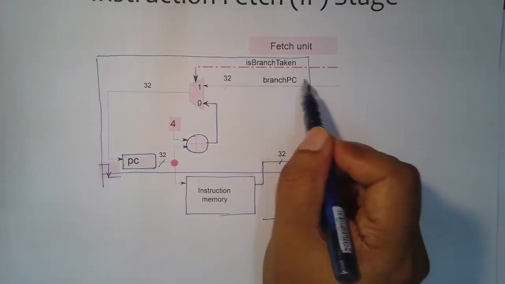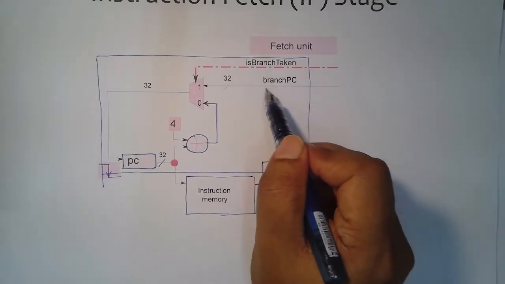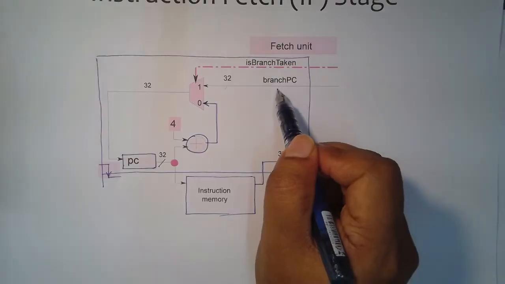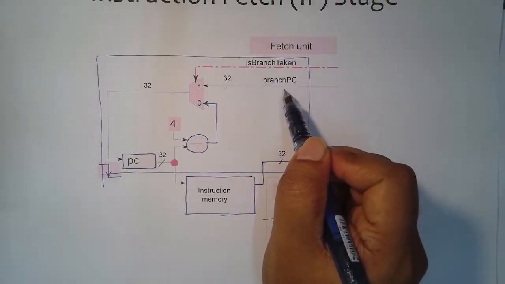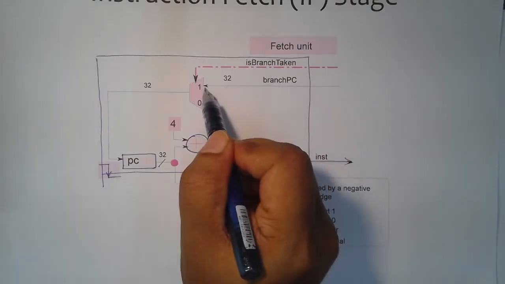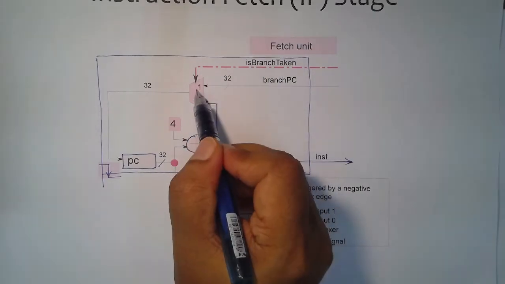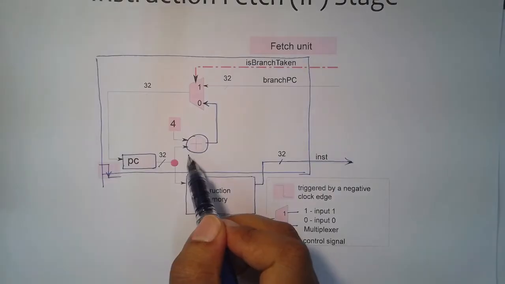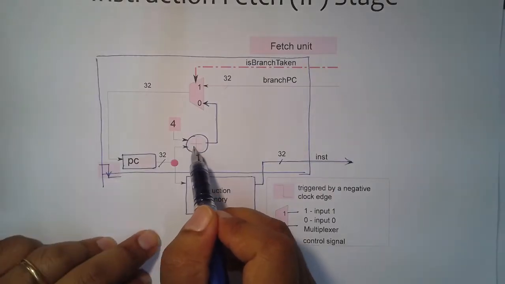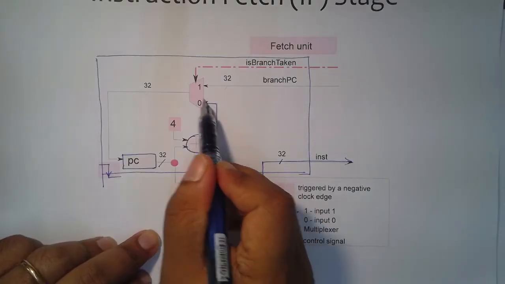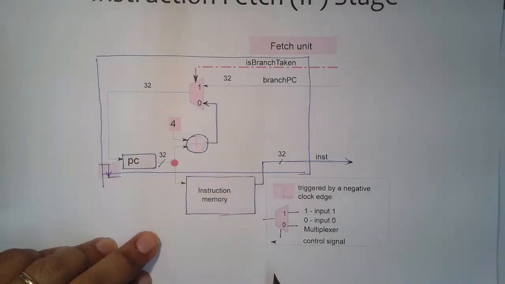Basically, the offset value is given and you need to add it to the current PC to get the branch address or branch PC address, and you generate that and pass it to the multiplexer. If the branch is not taken, then you go in the same sequence in which you were executing your program. So, basically you add 4 with this and you get the new PC address.